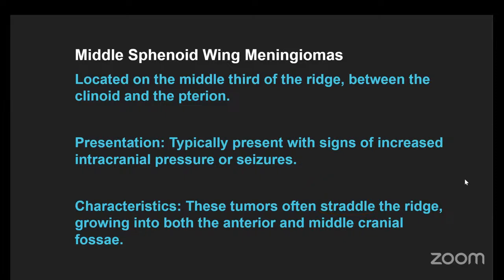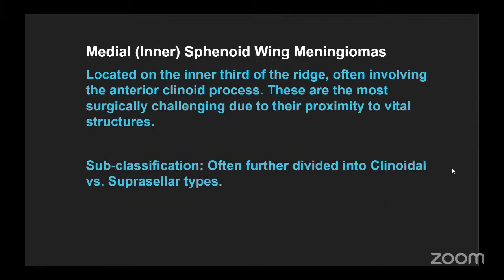We are going to discuss the presentation, but I'm just giving you some ideas so that you can distribute the clinical presentation according to the location. Medial meningiomas are often the earliest to present, especially if they are anywhere near the optic nerve, because the patient is going to present with decreased visual acuity.